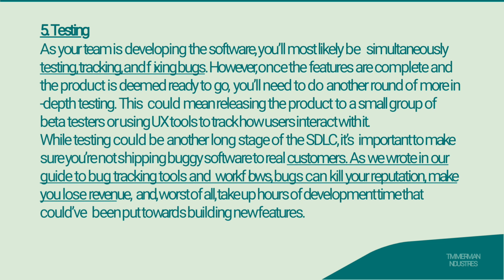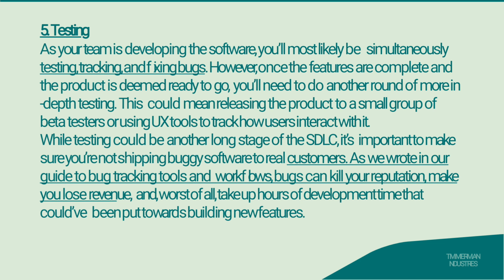Fifth is testing. As your team is developing the software, you'll most likely be simultaneously testing, tracking, and fixing bugs. However, once the features are complete and the product is deemed ready to go, you'll need to do another round of more in-depth testing. This could mean releasing the product to a small group of beta testers or using UX tools to track how users interact with it.